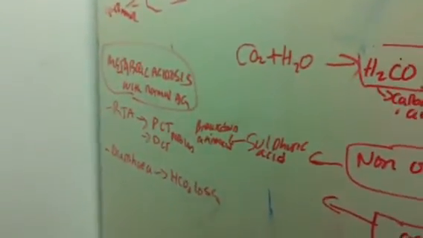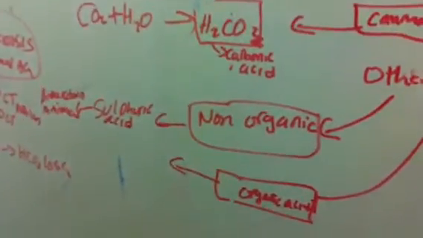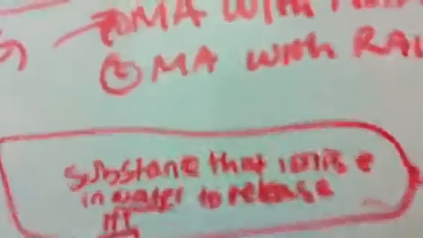The normal range is 10 plus or minus 2, so 8 to 12. We can divide metabolic acidosis into two: metabolic acidosis with normal anion gap and metabolic acidosis with raised anion gap. Now we'll go into metabolic acidosis with normal anion gap.